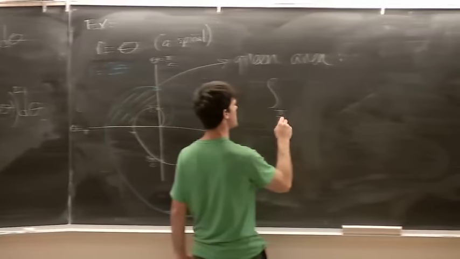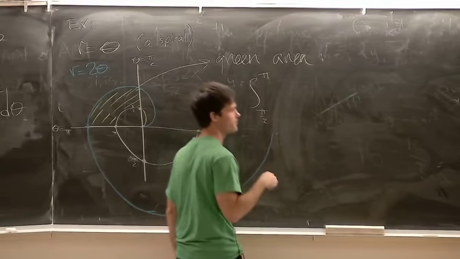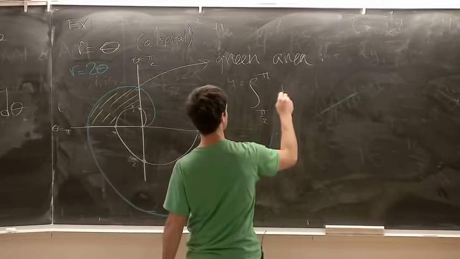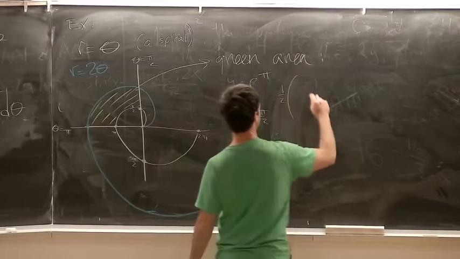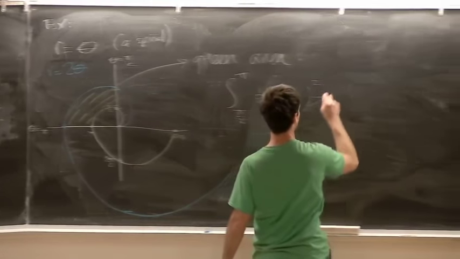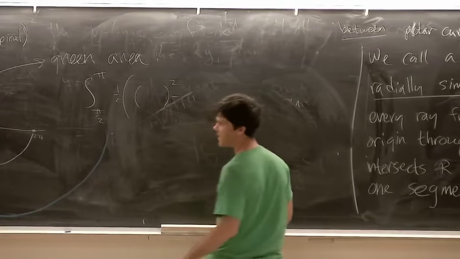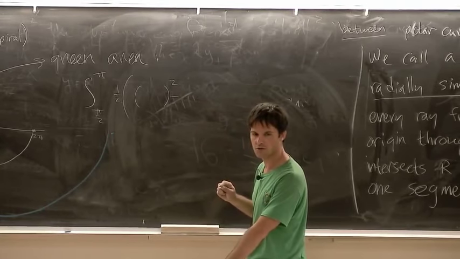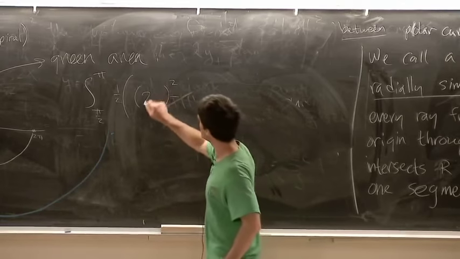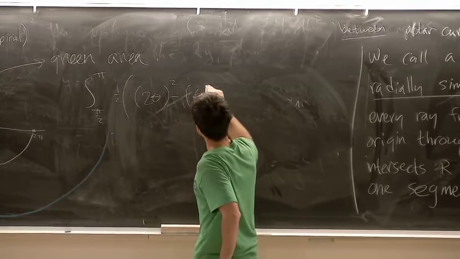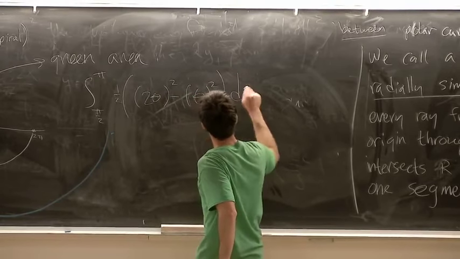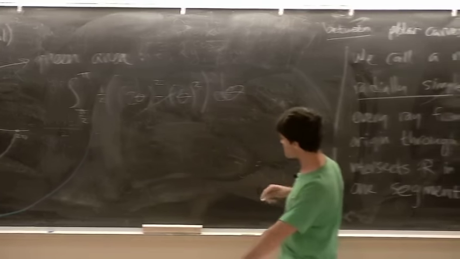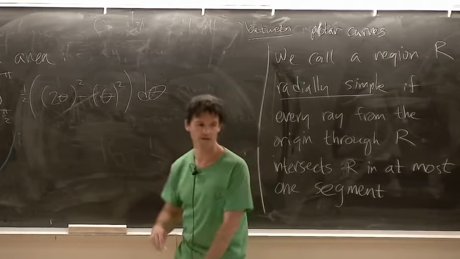So it'll go from pi over 2 to pi. And it'll be a 1/2. Let's see, what's the outer radial function? The 2 theta. The inner one is just theta. So that should give me the green area.